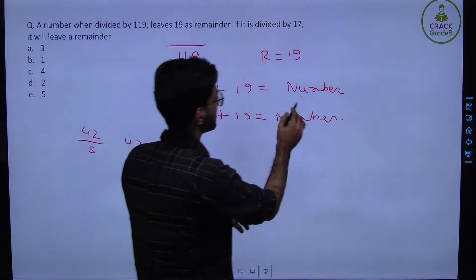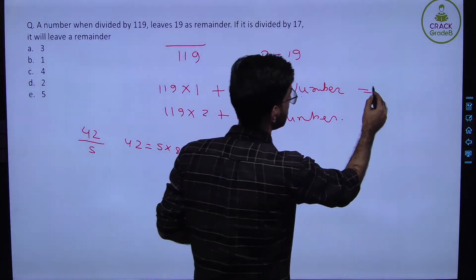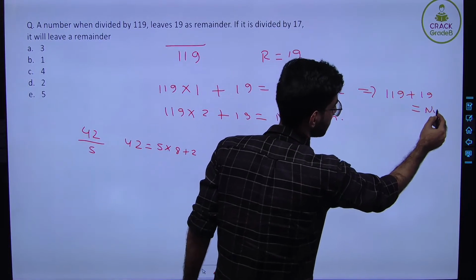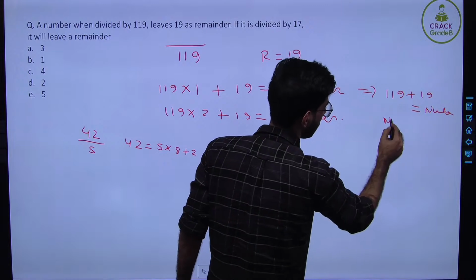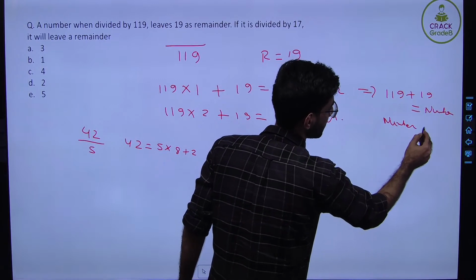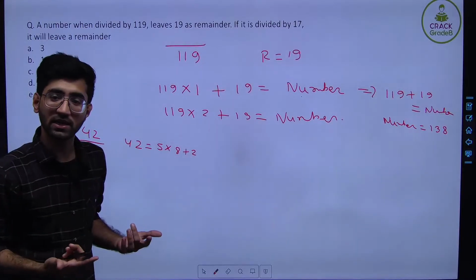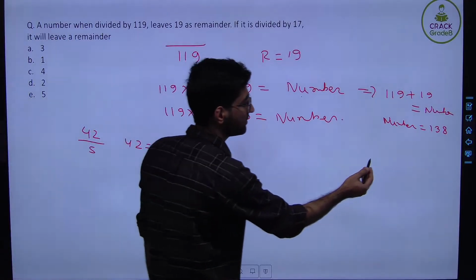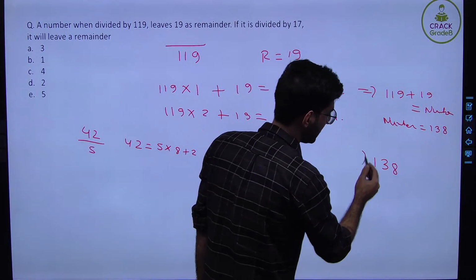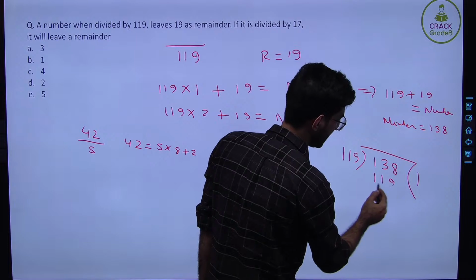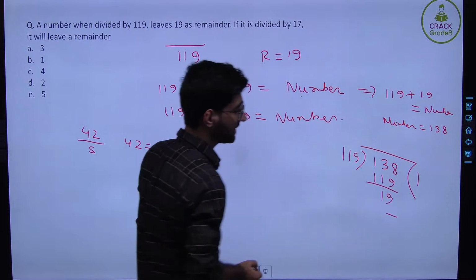Now notice this thing. 119 into 1 means 119 plus 19 equal to the number, so the number is equal to 138. See, if you divide 138 by 119, you will get 19 as a remainder.